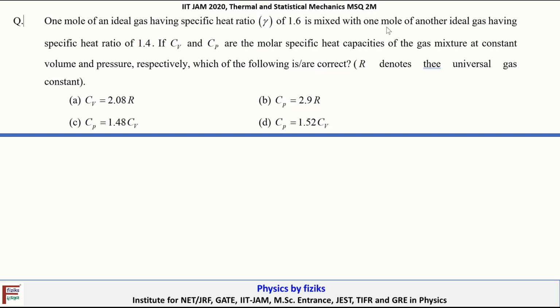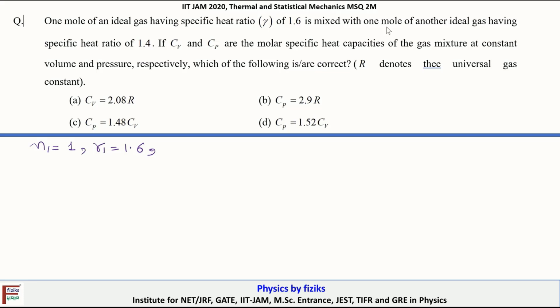Here we are given that the number of moles of the first gas, remember that the gases are ideal, is 1, and the value of adiabatic index gamma 1 is equal to 1.6. So this information is given to us. If we recall the discussion that we had during calculating the degrees of freedom, from there we can also evaluate the value of adiabatic index for any kind of gas.